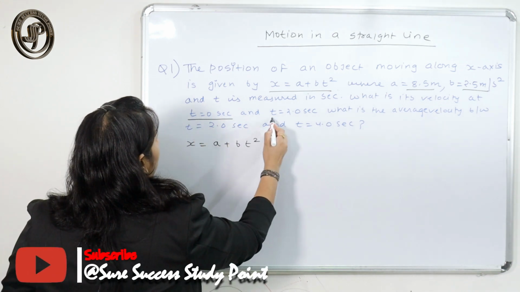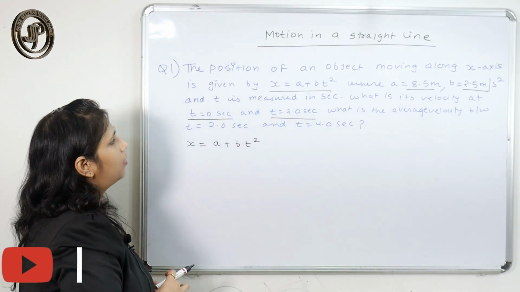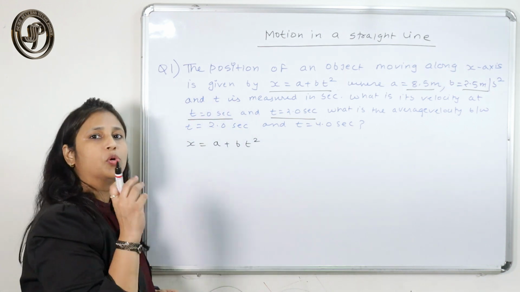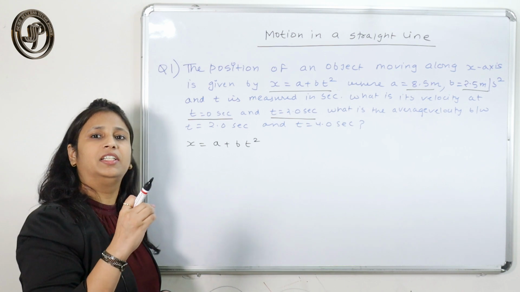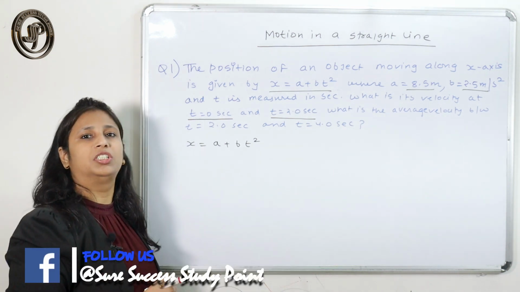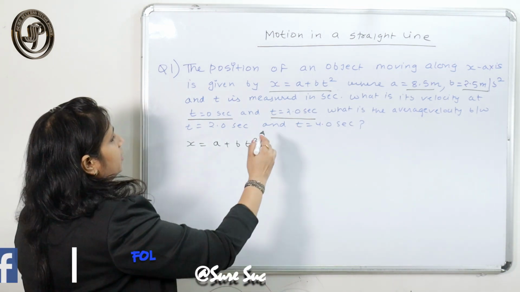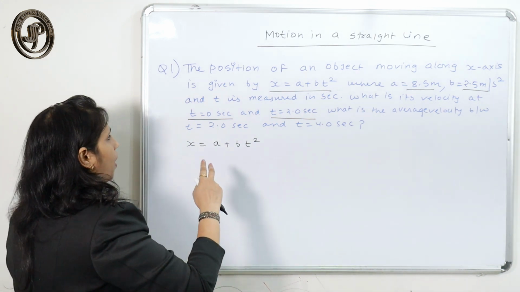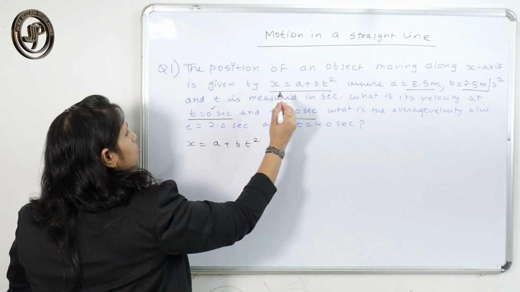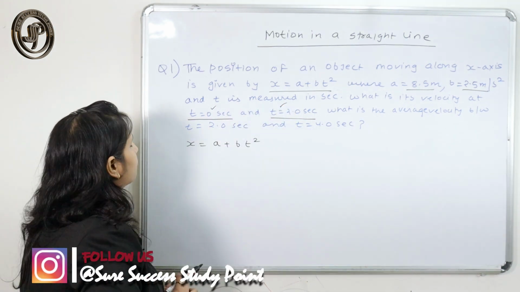So what we have to find is the velocity. The position is given. We have to find the velocity at t equals 0 seconds and t equals 2 seconds, the velocity of the particle at these two different times.